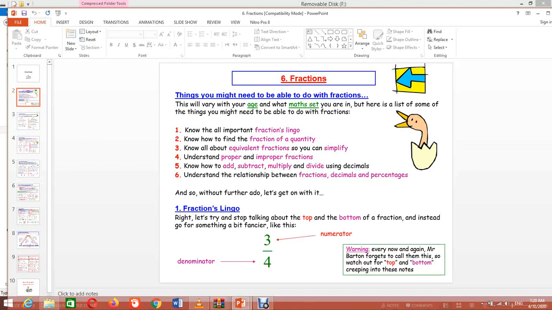For example, on this screen, we have 3 over 4. We all know that the top is called the numerator and the bottom is called the denominator. So instead of using numerator and denominator, you can continue to use top and bottom to represent numerator and denominator.